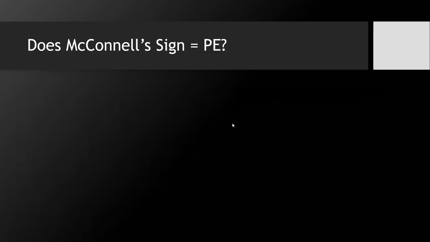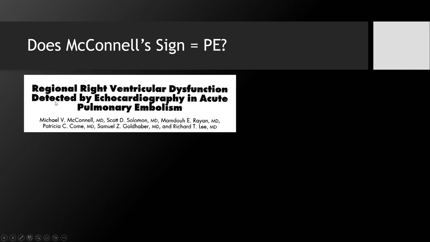So getting to the question that I asked everyone to begin with: does McConnell sign equal a PE? Very often people seem to think that it does. If you look at the original paper, Regional RV Dysfunction Detected by Echo in Acute PE by Dr. McConnell, who was at the Brigham at the time, they studied 41 patients. 18 were healthy, 9 had chronic primary PH, and 14 had a PE.